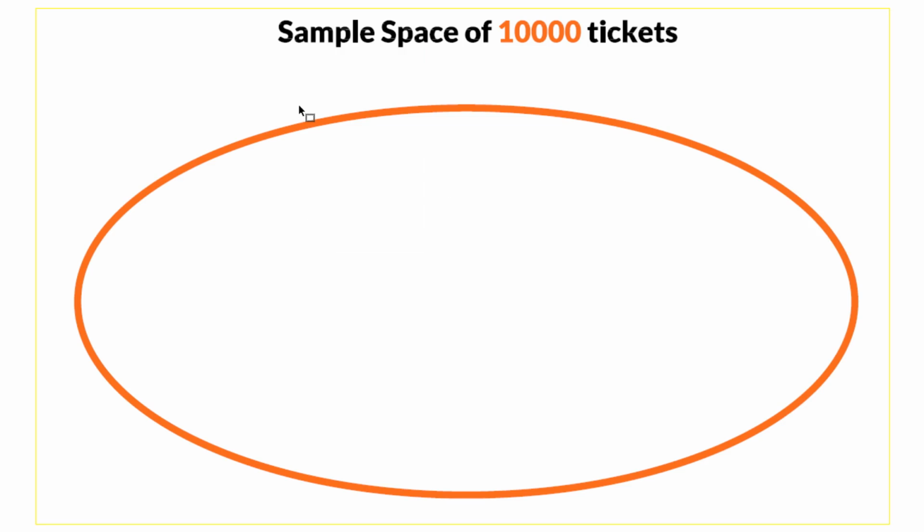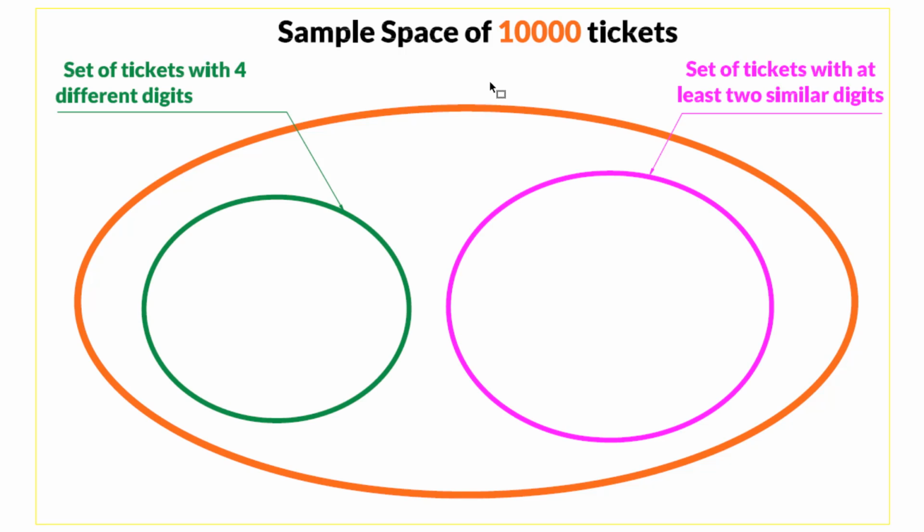So we are going to represent the sample space using a Venn diagram. We have a sample space of 10,000 tickets, and inside of it we have two subgroups. The first one is the set of tickets with 4 different digits, and the second one is the set of tickets with at least 2 similar digits. We have seen that the number of tickets with 4 different digits is 5040, and the number of tickets with at least 2 similar digits is 4960.